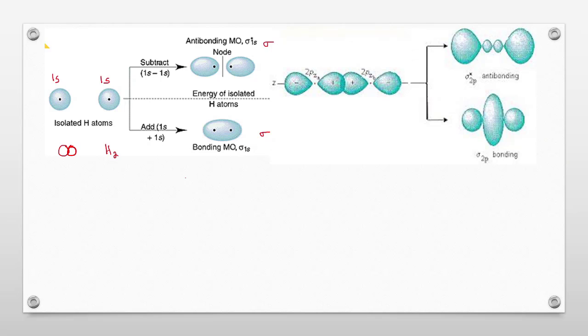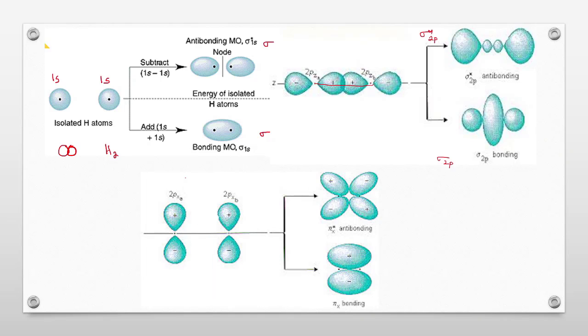Overlap of two p orbitals is also possible when the p orbitals lie along the internuclear axis. The axis formed by joining the two nuclei is the internuclear axis. When the two p orbitals lie along it, they overlap axially and form the sigma 2p bonding molecular orbital and the sigma star 2p anti-bonding molecular orbital.